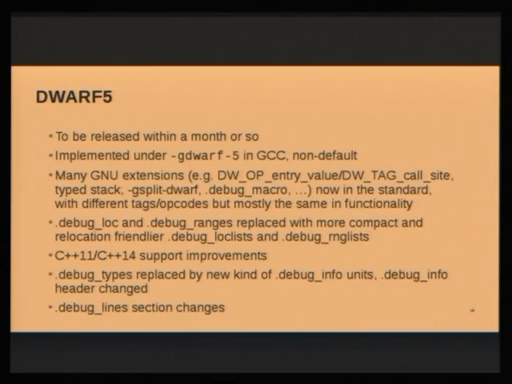There are some new tags and attributes for C++ 11 and 14. Debug types sections were removed from the standard again, and it's now a new kind of unit inside of debug info. And the debug line section is now more variable. You can actually specify what kind of fields you have in the address for the files.